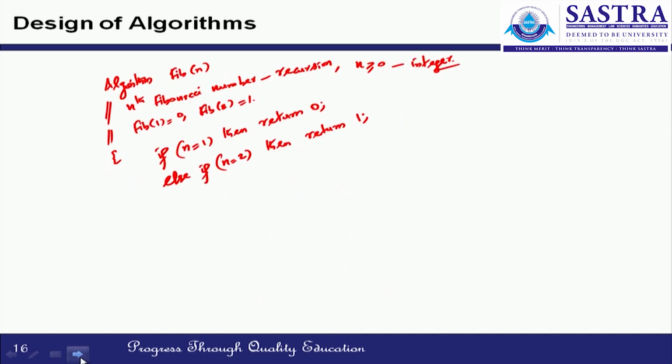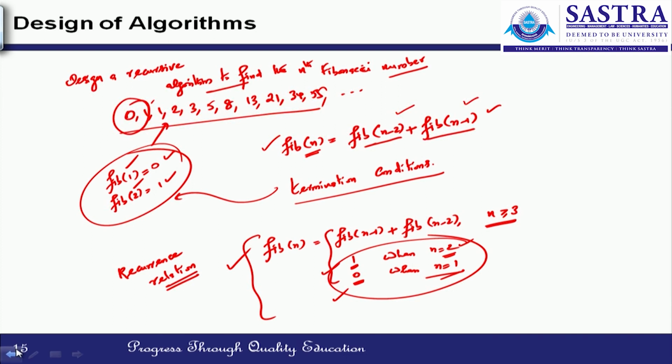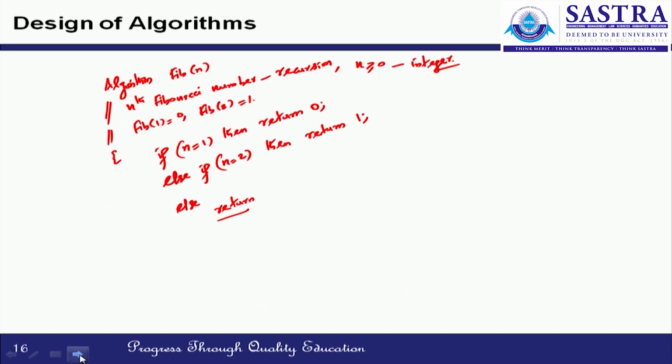If n is not equal to 1 and not equal to 2, then else write the recursion here. What we have to do is write this computation: return fib of n minus 1 plus fib of n minus 2. That's all.